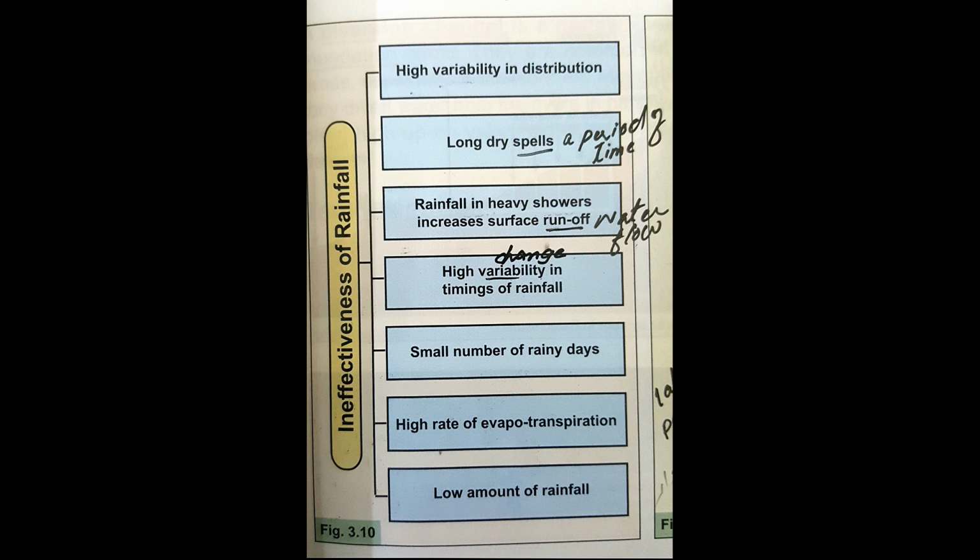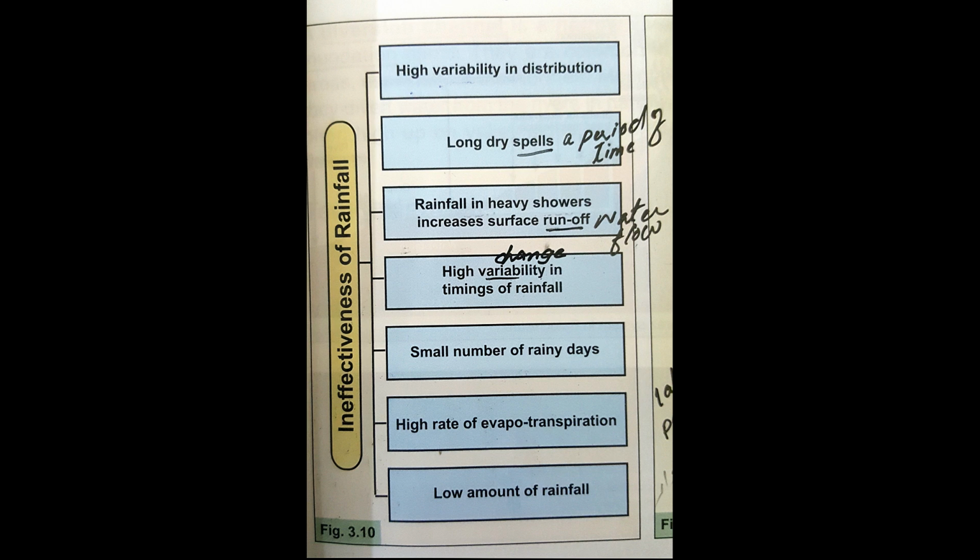So students, this figure shows that rainfall in Pakistan is ineffective in many ways. These are the reasons why rain is ineffective. For example, annual rainfall is low, less than 250 millimeters in the whole of Sindh and most of Balochistan except for the high altitude areas, and a large part of Punjab. So there is uneven distribution of rainfall.